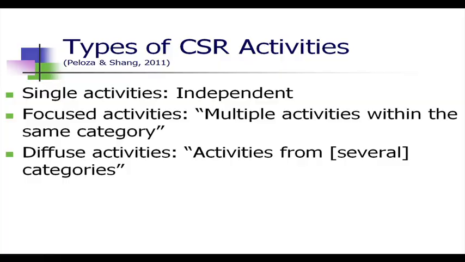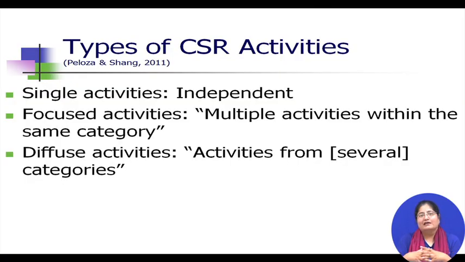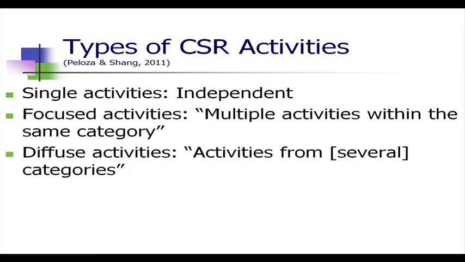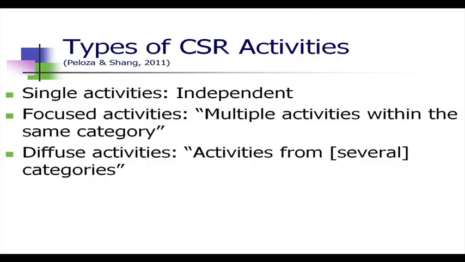We undertake a variety of activities that are focused on making sure that our product is environment friendly. That is focused activities. Diffuse activities are activities from several categories. So, they are a number of activities spanning several categories. Let us see examples of these.